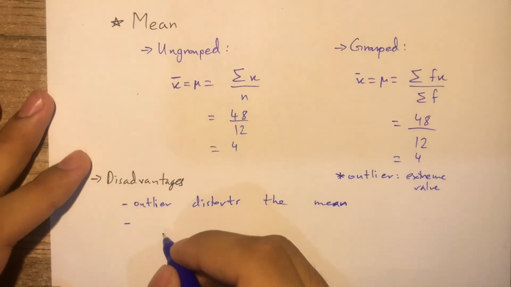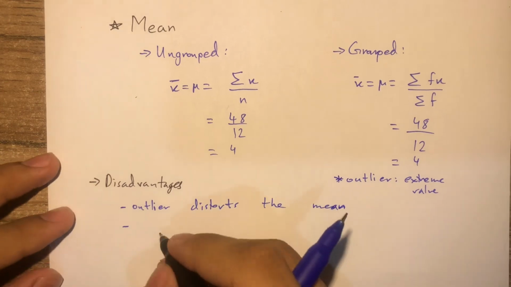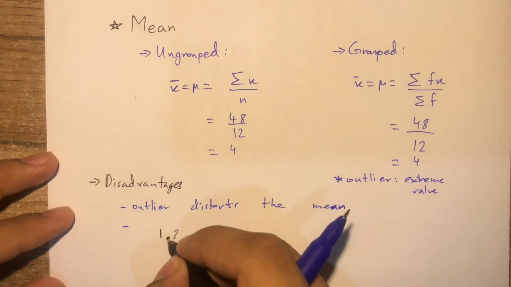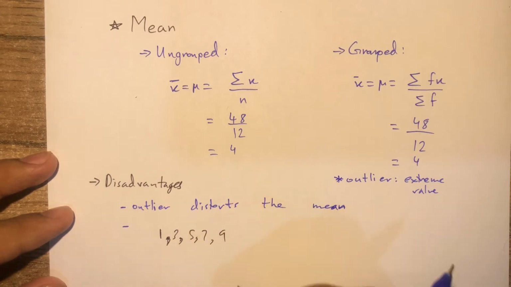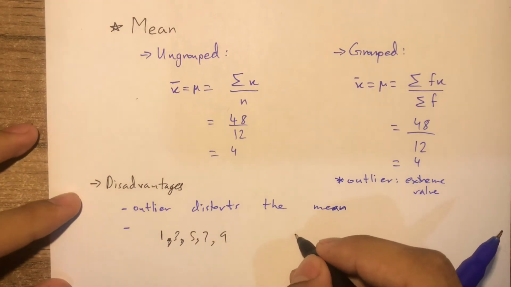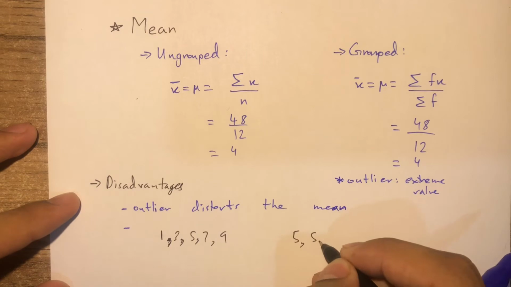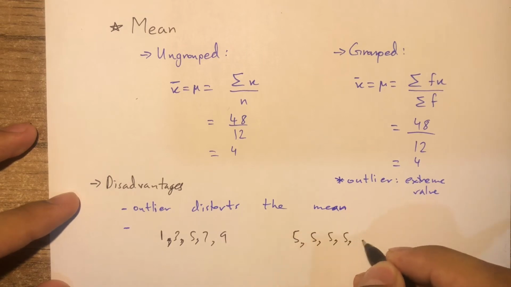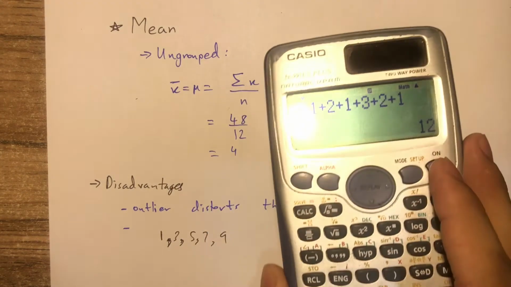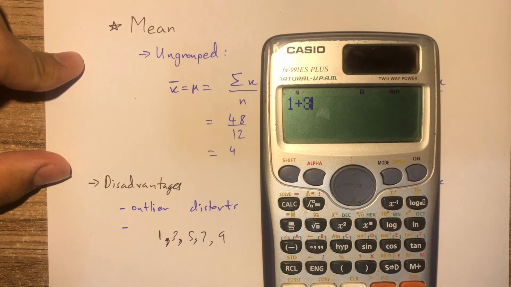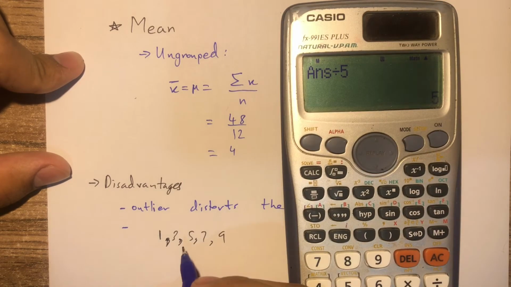For example, if we had two datasets, 1, 3, 5, 7, 9, and another 5, 5, 5, 5, 5, I'll find the mean of the two. For the first one, we'll first add all of them, using the ungrouped data formula, and then divide by the total number, so we're getting 5.